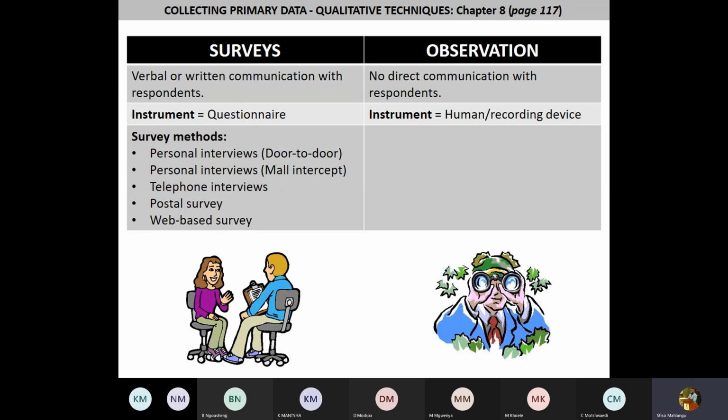This one, we can say a lot about web-based survey, internet survey, your Survey Monkey. Some of the surveys that you take over the internet, they send you a link and then you participate in the survey or answer those questions. They could be through a cell phone or a smartphone as well.